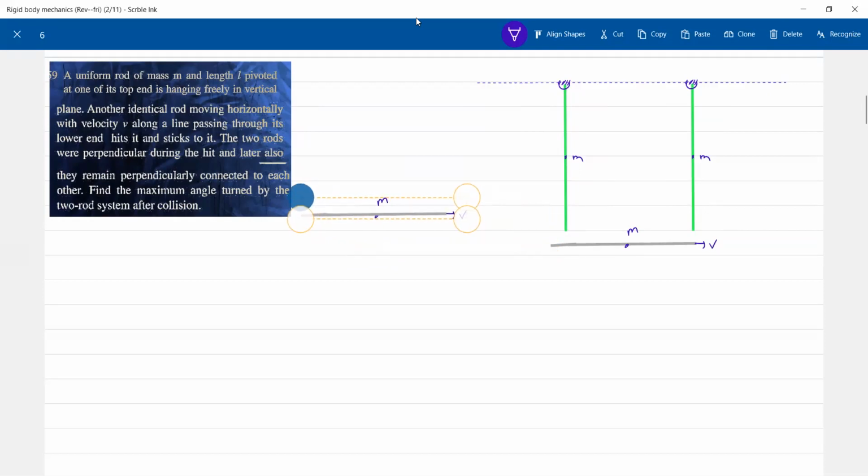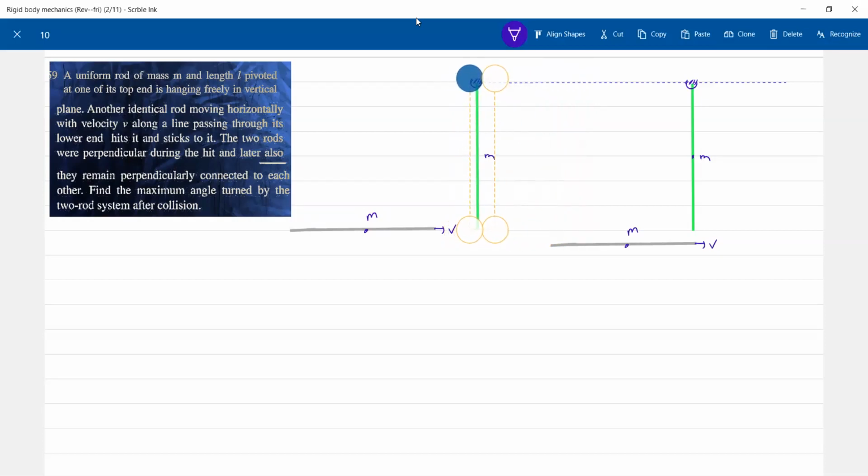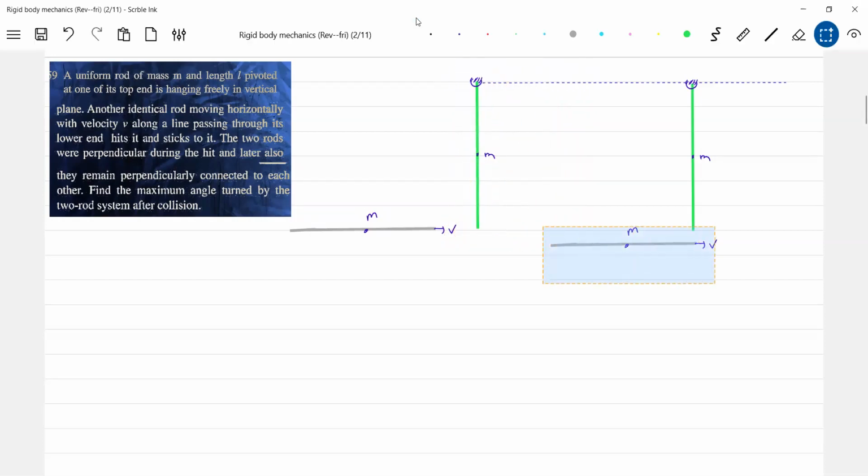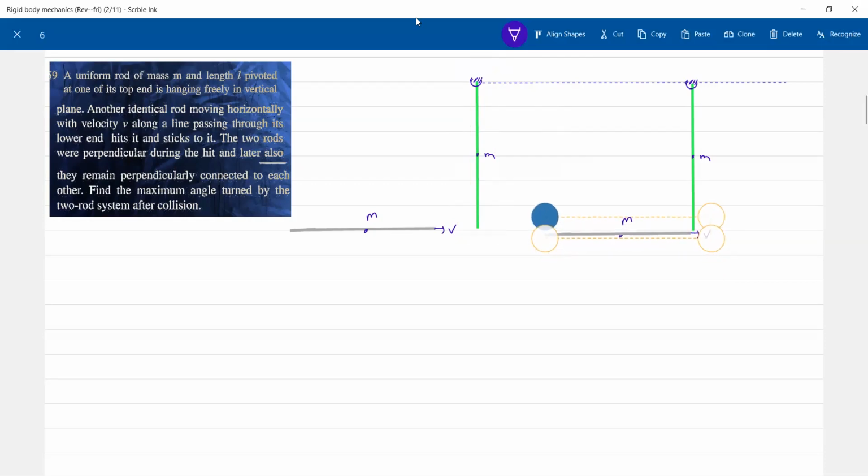I'll move a little bit here. I'm helping you with the diagram. At least now you should get into how they'll collide.